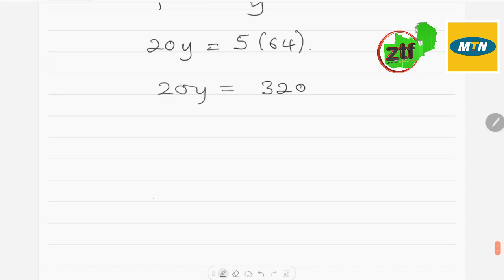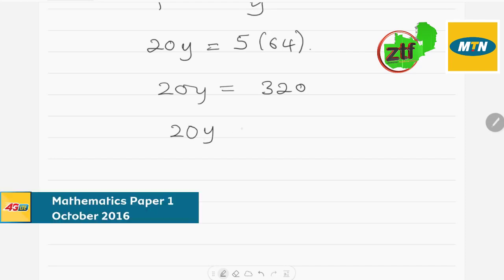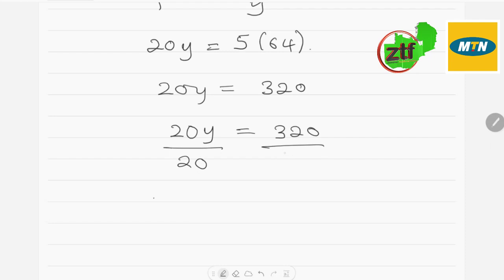And so to find the value of y, I will divide both sides by the coefficient of y, which is 20. So 20y over 20 equals 320 divided by 20.